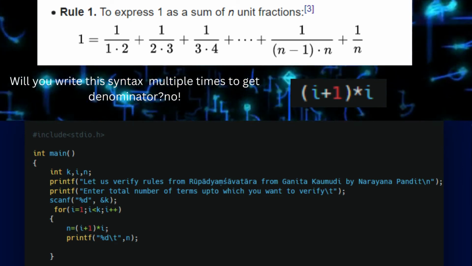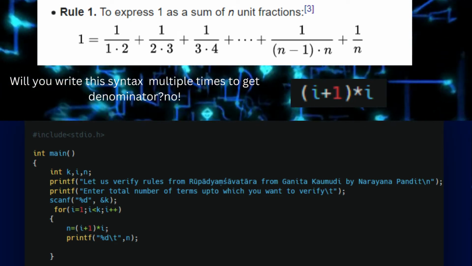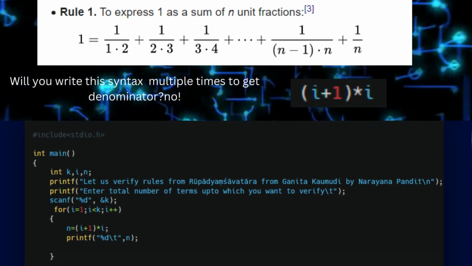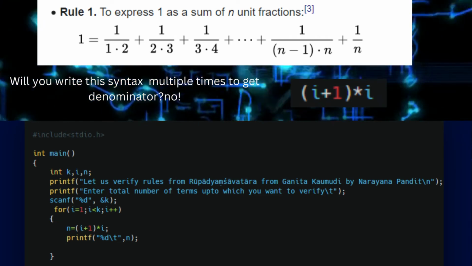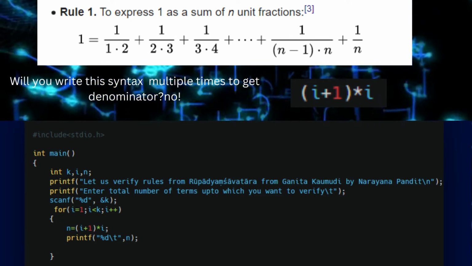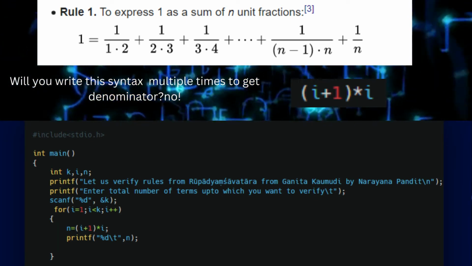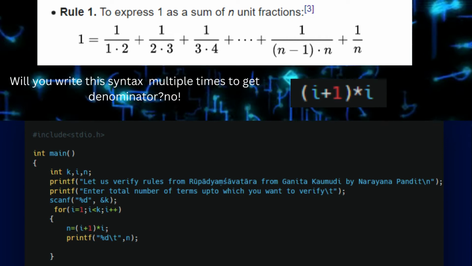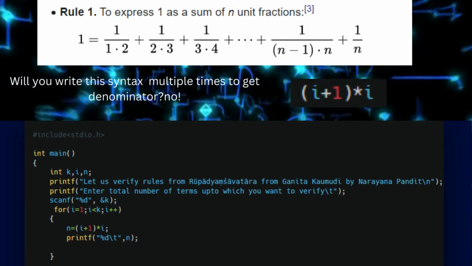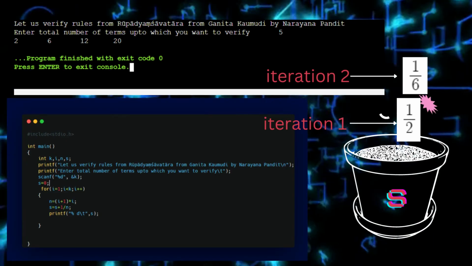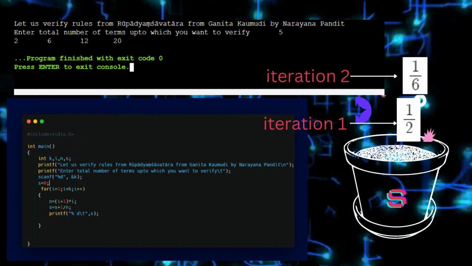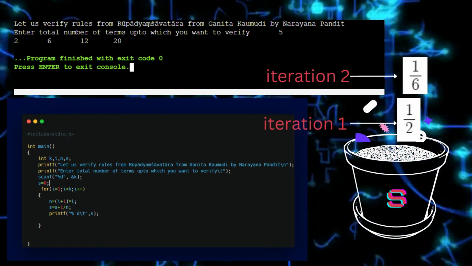The loop will go on from i equal to 1 to i less than k, not i less than or equal to k. What if i equals k? The last term we would get is 1 upon n square, which we don't want here. We will initialize the s variable to 0.